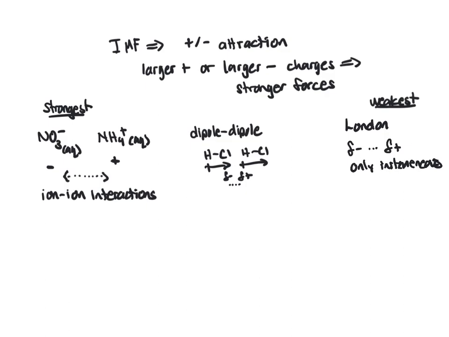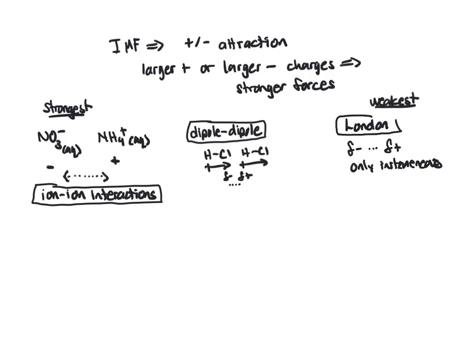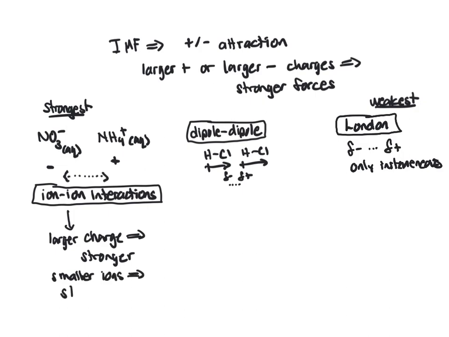Within each of these categories, ion-ion, dipole-dipole, and London forces, we can have stronger or weaker interactions of a given type. So the larger the charge, the stronger the ion-ion interactions will be. In addition, the smaller the ions are, the closer they can get to each other, and therefore the stronger the interaction is going to be.